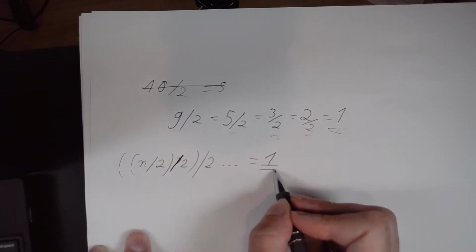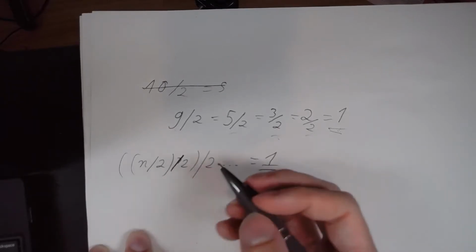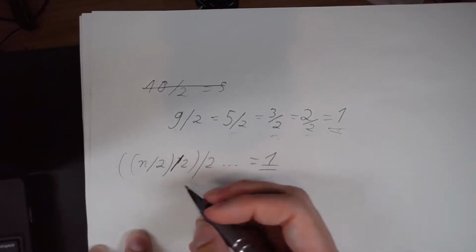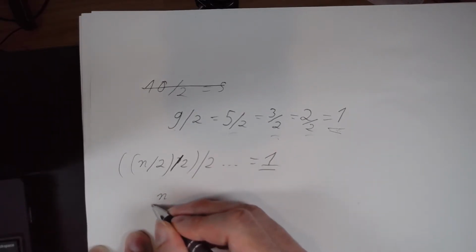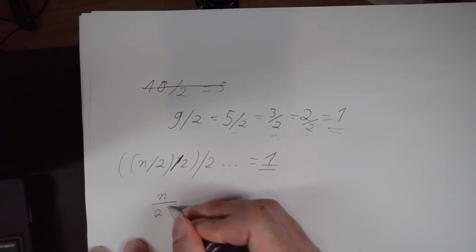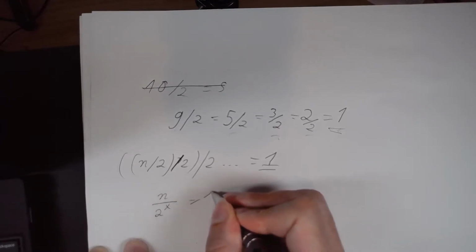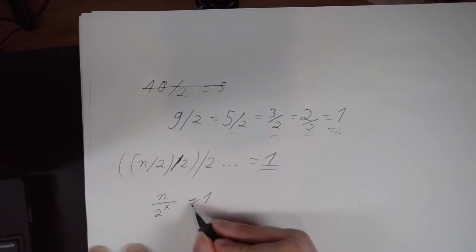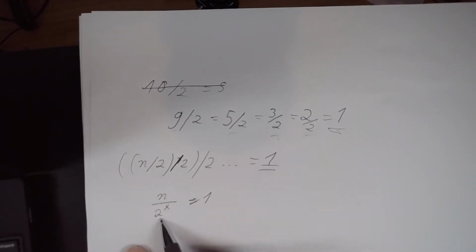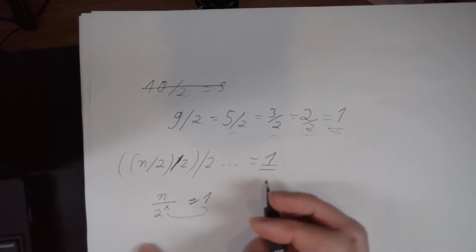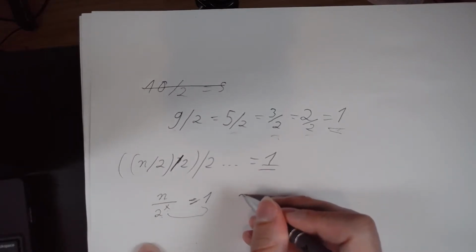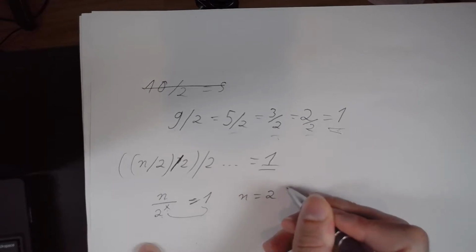So formulating that a bit more mathematical and more formalized, what we are asking is: n divided by 2 to the power of x is 1, and we are searching for the value of x. How often can we divide n by 2 so we arrive at the value 1? Well, if we just pull that over here, what we end up with is n equals 2 to the power of x.